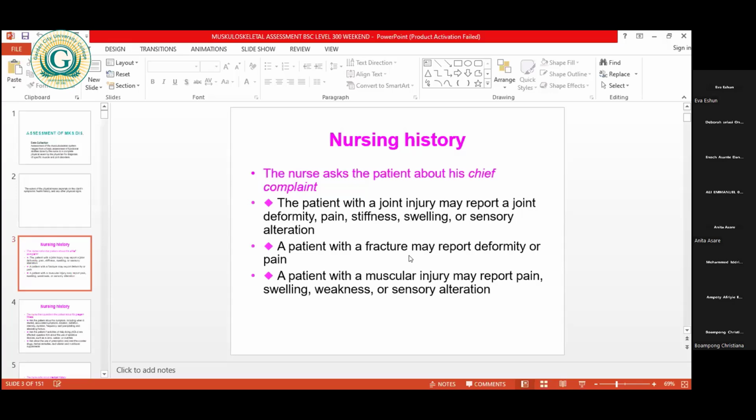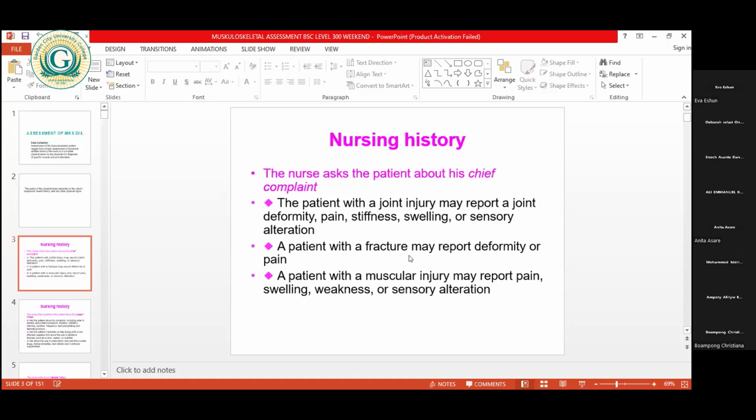The patient with a joint injury may report a joint deformity. The patient may even tell you, I have a joint deformity. There is pain, there's stiffness, there's swelling, or there's sensory alteration. I can't bend this toe, I can't stretch this knee. That is sensory alteration. The patient with a fracture may report deformity or pain at the affected site, shortening of the affected site, an abnormal shape of the affected site.